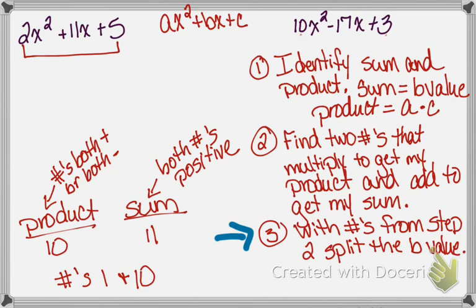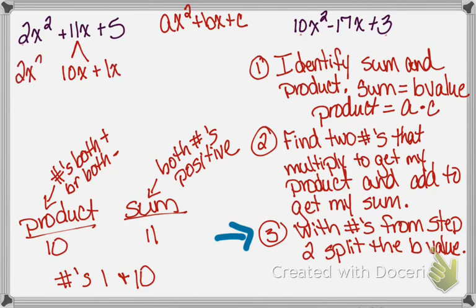So we are going to split the B value. So that means I am going to take 11x and I'm going to write 10x plus 1x.